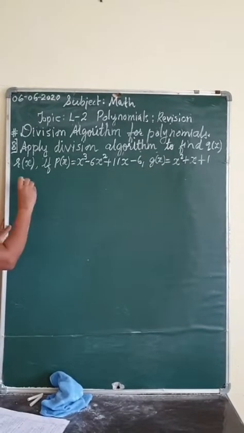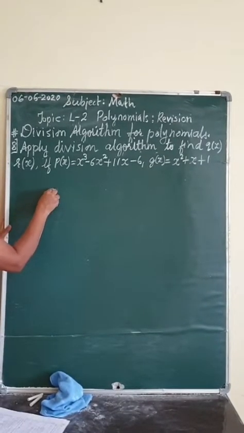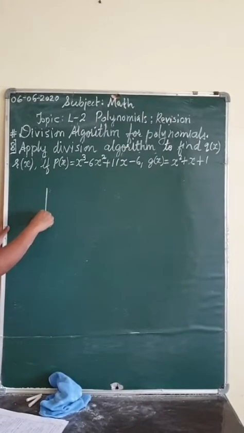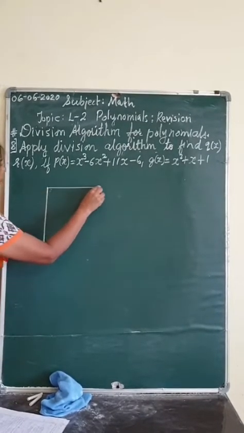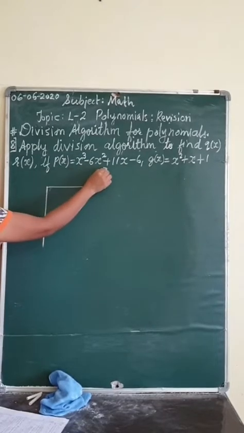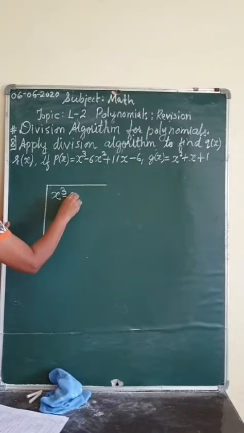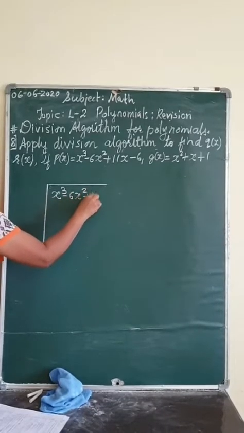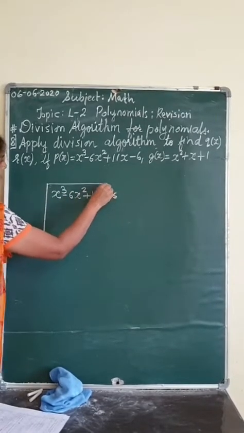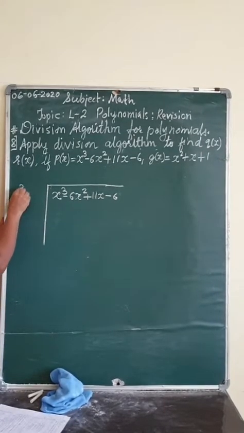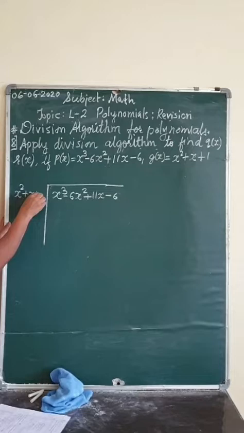So here we have to apply the long division method. According to the long division method, we write this p(x), x cube minus 6x squared plus 11x minus 6, in the bracket, and here we have x squared plus x plus 1.